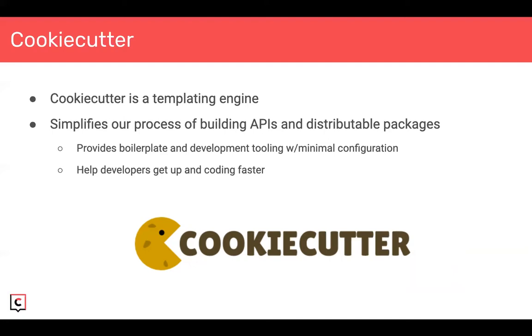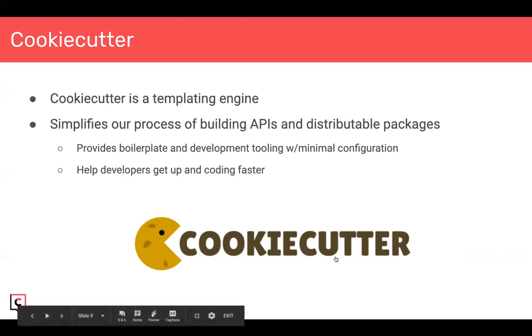We're trying to give another way to spin up a repo or package environment quicker, using cookiecutter as a templating engine. It should provide a lot of boilerplate and development tools without having to configure a lot locally, and help developers get up and working quicker.